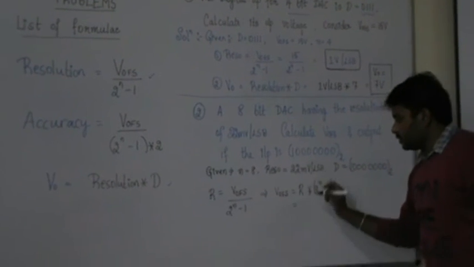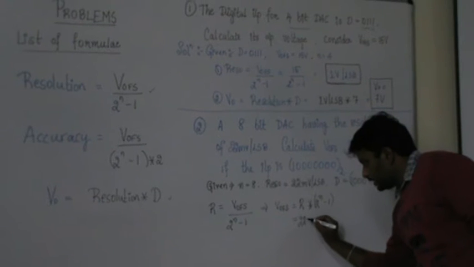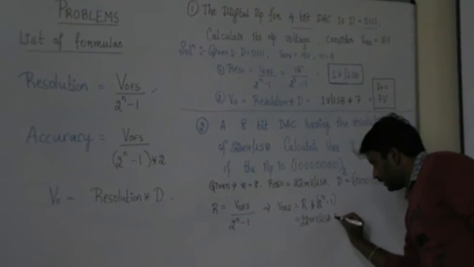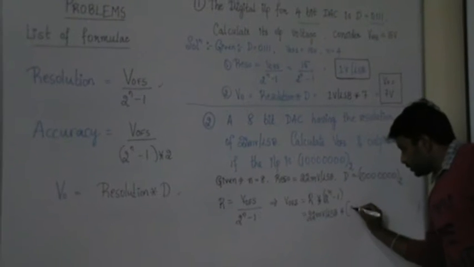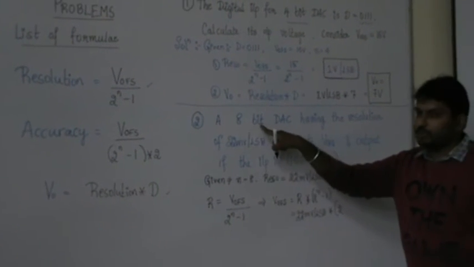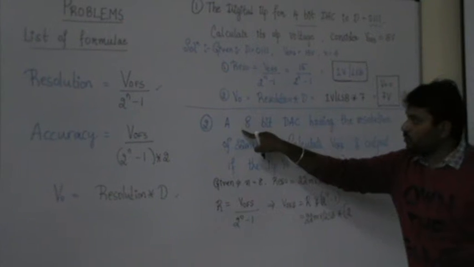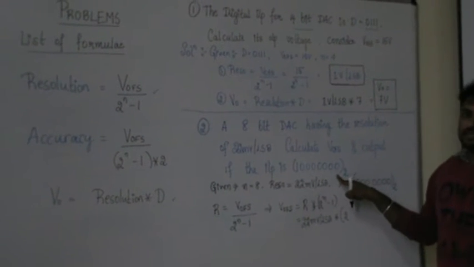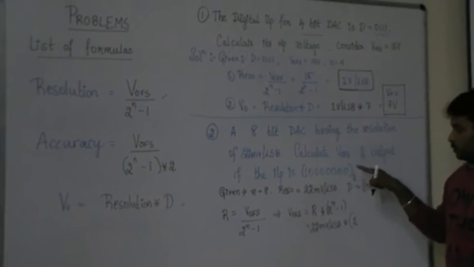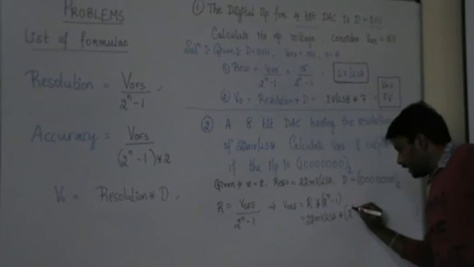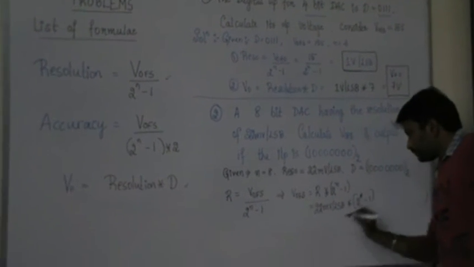The resolution is already given, 22 millivolts per LSB. What is the n value? It is already given, the 8-bit DAC. Even if they do not specify it, by counting the number of bits in the given binary data, you should be able to write your value of n.